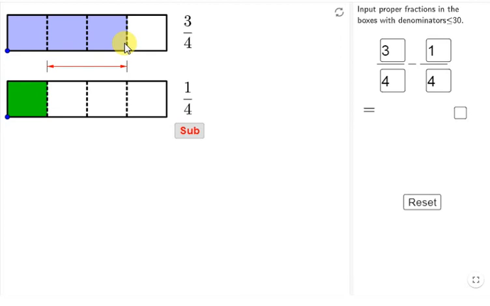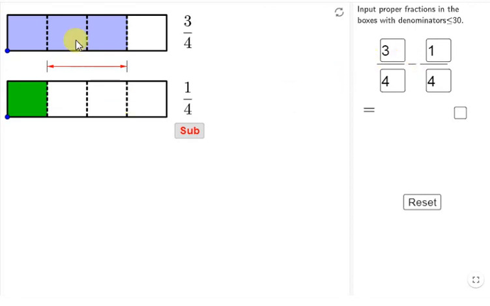So this is what 1/4 means, and this is what 3/4 means. Now if you have visualized fractions in your mind, it is easy to do subtraction. What does subtraction mean? Subtraction means to take away or remove something.